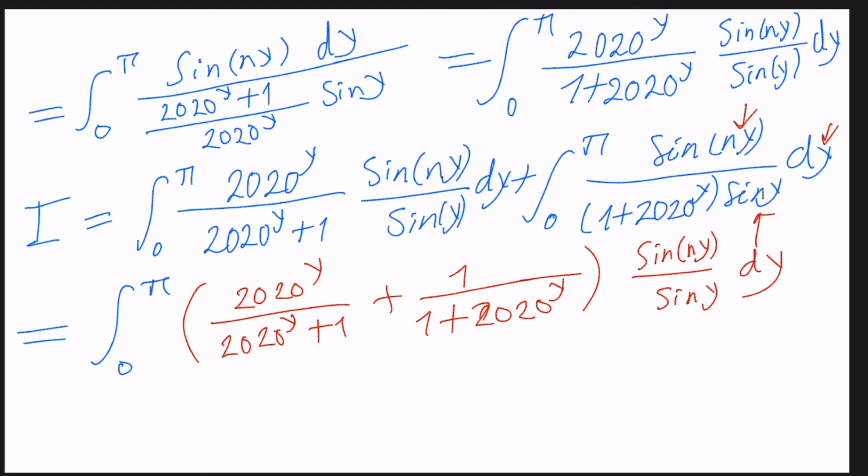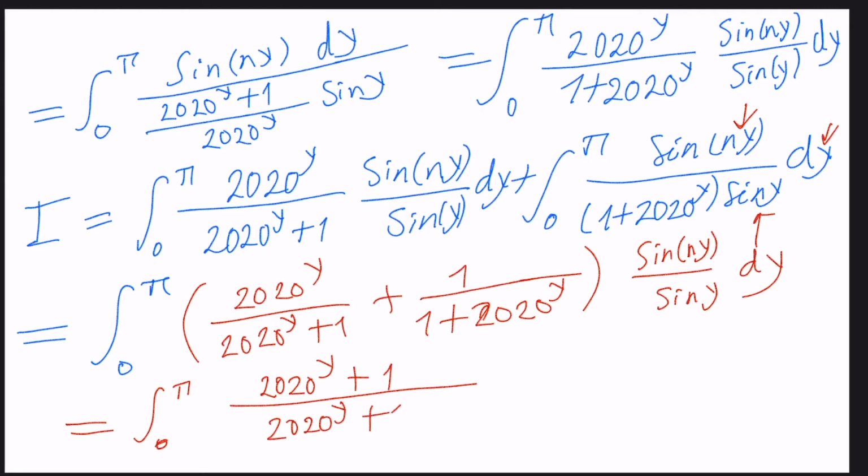Okay, we require more algebra here. Integral from 0 to pi of... Here they have the same denominator, so we can add the numerators of the fractions. We get finally something really nice.